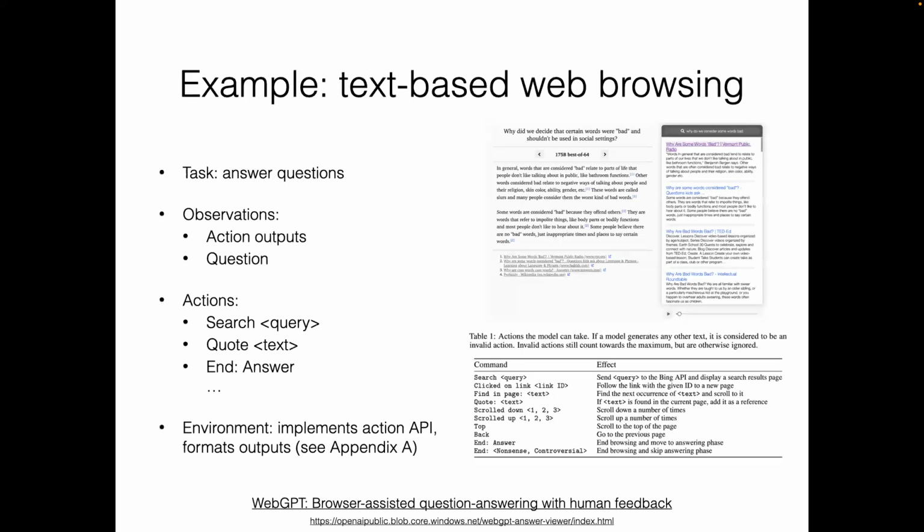Okay, so the next example is maybe related to a more NLP-style task, and this really relates to deep research systems. This was one of the early papers, called WebGPT, again from OpenAI. Here they were dealing with answering questions.